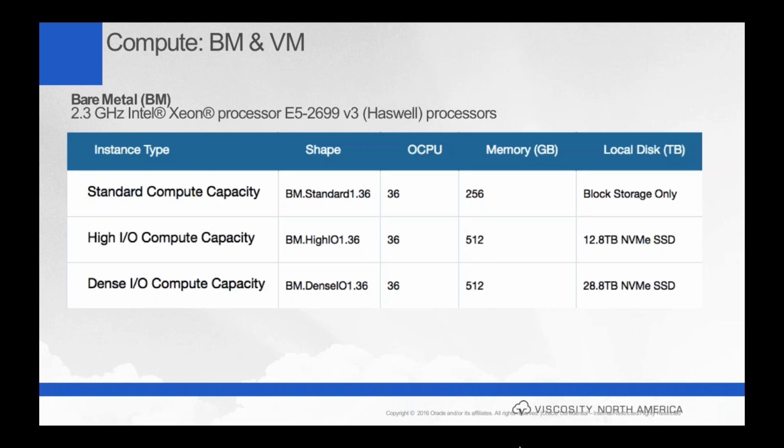So you get 12.8 terabytes of NVMe for high I/O and 28.8 terabytes of NVMe for dense I/O. So think of it this way: bare metal cloud provides physical isolation and complete ownership of the box. That's the big takeaway for bare metal, and it's fully dedicated bare metal servers on a software-defined network. So bare metal cloud service includes servers with 36 CPUs, like I said, and NVMe solid-state storage.